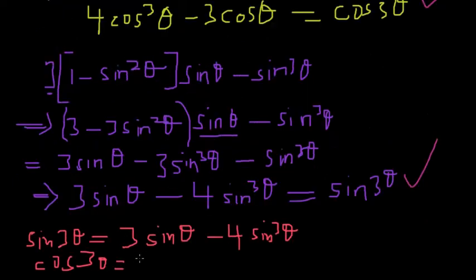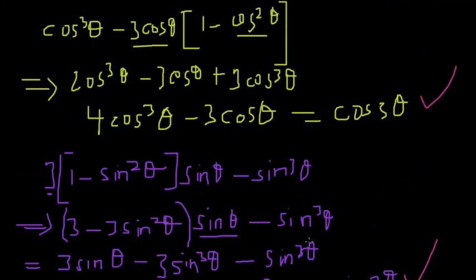So we have 4 cos cubed theta minus 3 cos theta. Now we've simplified the entire expression.